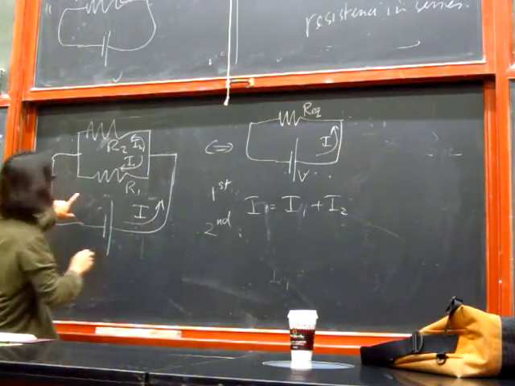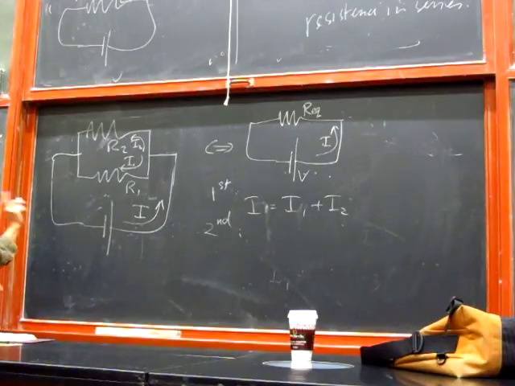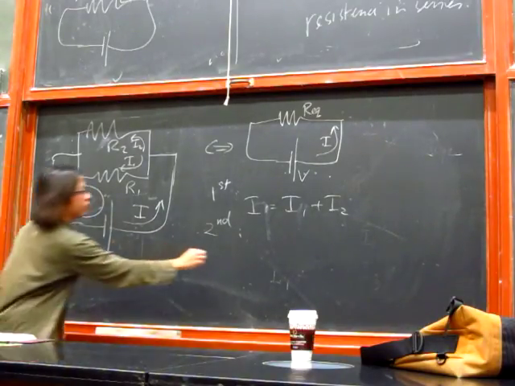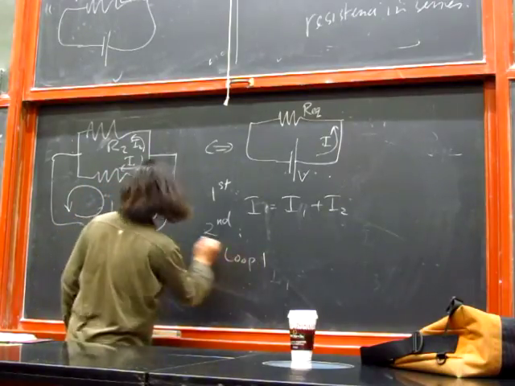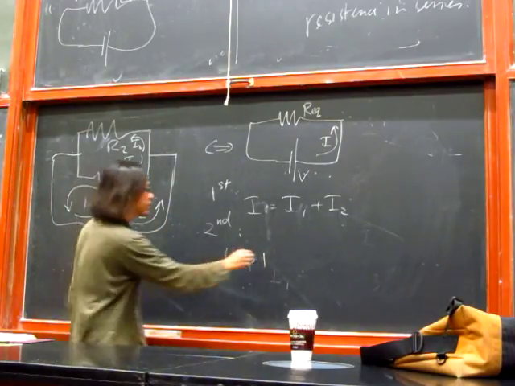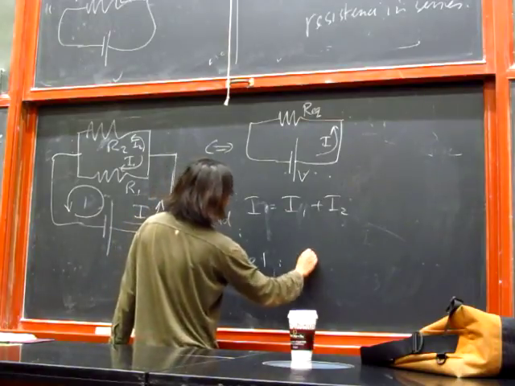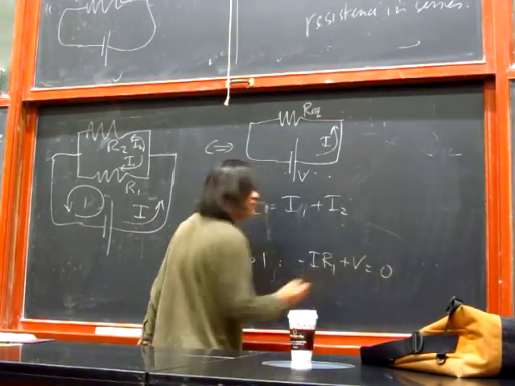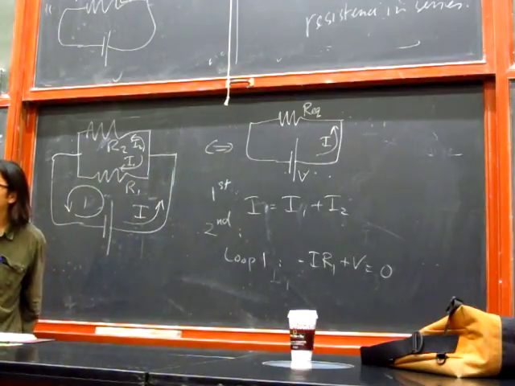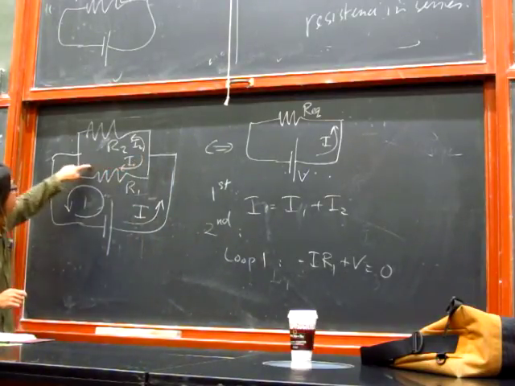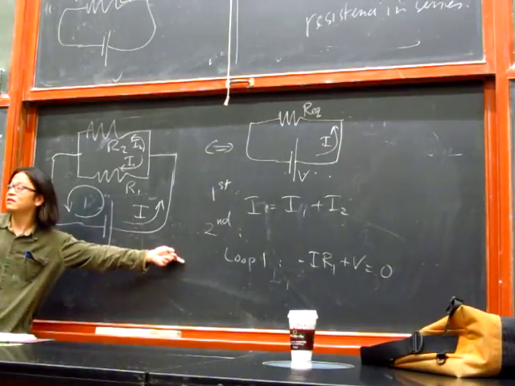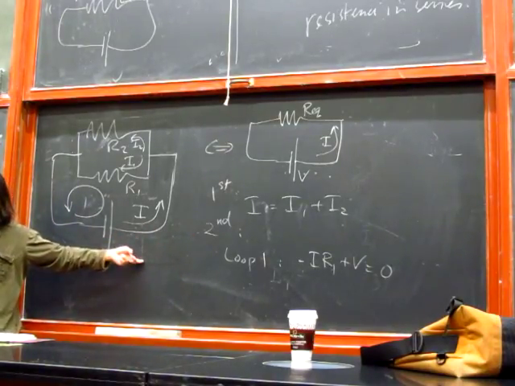I go through two different loops. From loop number one, then you have minus I R1 plus V is equal to 0. The potential drop across this plus the potential increase across the battery is equal to 0.